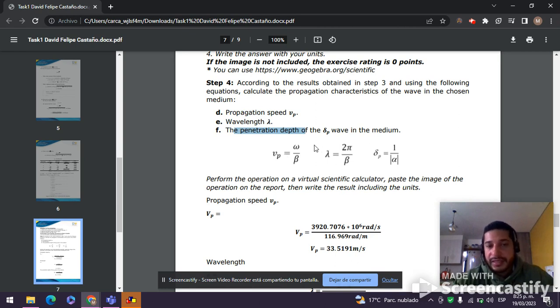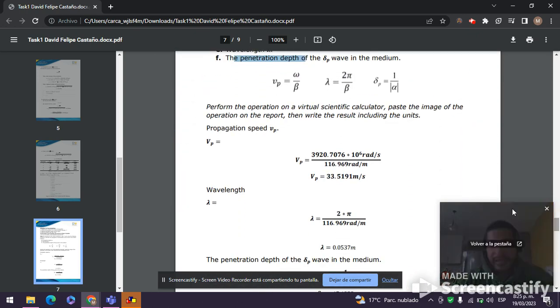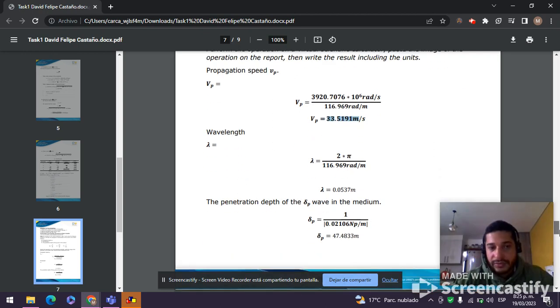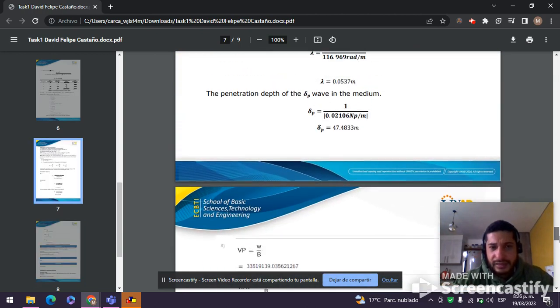I have these three equations, and it was easy because with the last answers I get the values, replace them, and have the answer. For example, for speed of propagation, I have this answer. For wavelength, and the last, the penetration depth, I have it.